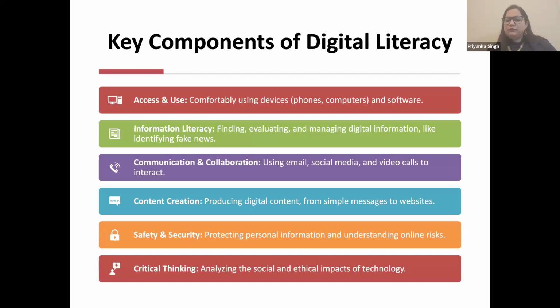Communication and collaboration. These are the two keywords which are the buzzwords for today's digital realm: using email, social media, and video calls to interact. What we are doing right now, we are collaborating, connecting, and communicating with each other. Maybe many of you are sitting in different parts of the country and you are listening to me. And this is all becoming possible just because of the technology in our hands. If I'm not able to draft my PPT for you all, I'm not a correct educator to do this.